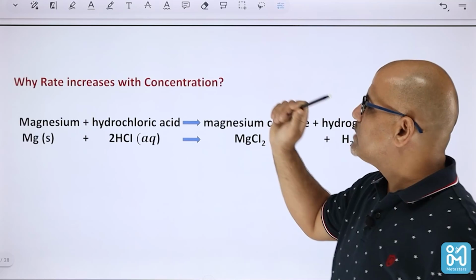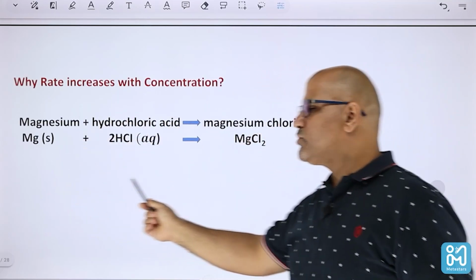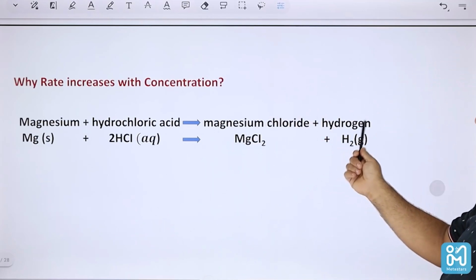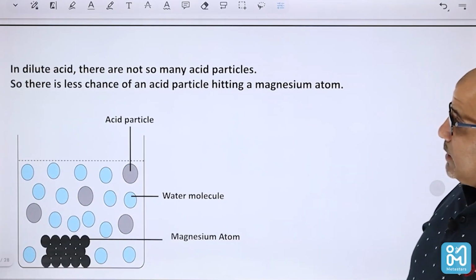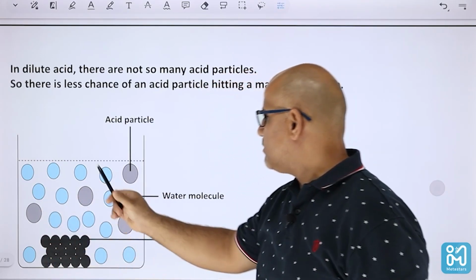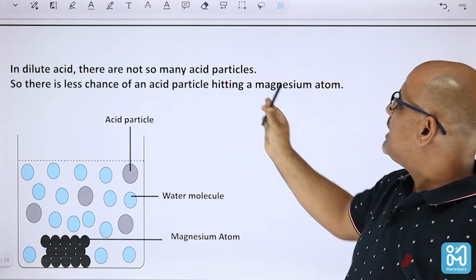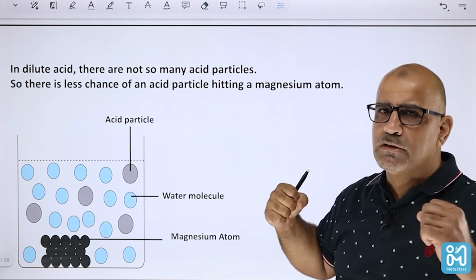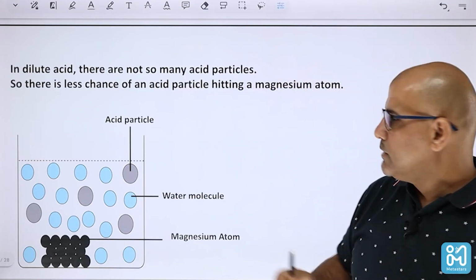Why does the rate increase with the concentration? Again, imagine that we have this reaction between magnesium and hydrochloric acid to produce magnesium chloride and hydrogen gas. As you can see there, we have a dilute amount of acid. There are not so many acid particles, so there is less chance of acid particles hitting the magnesium particles.